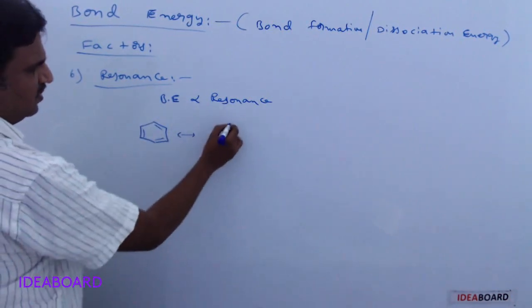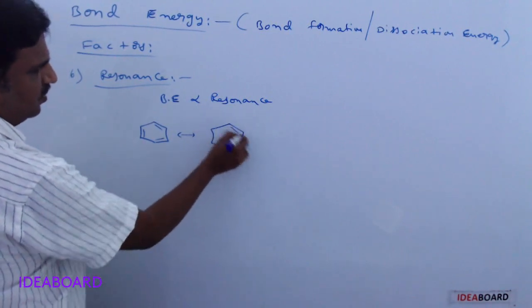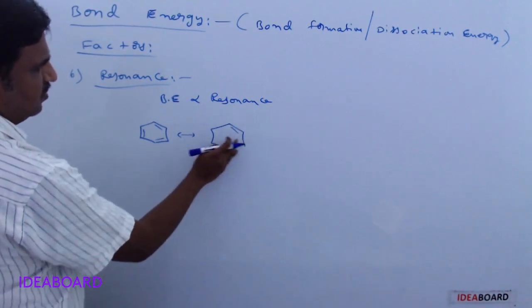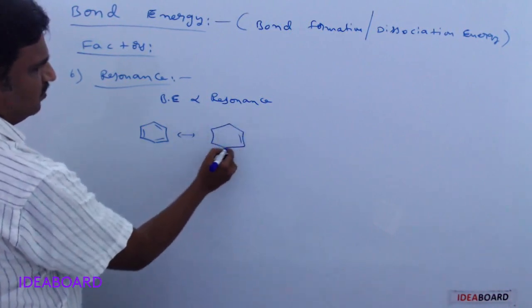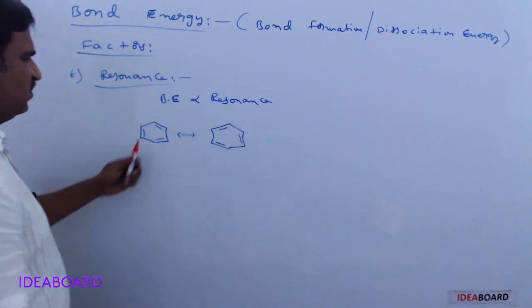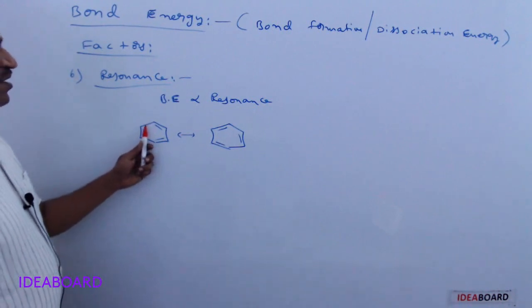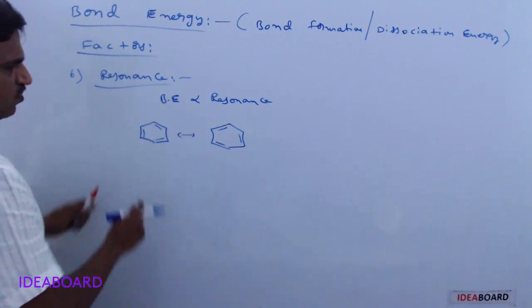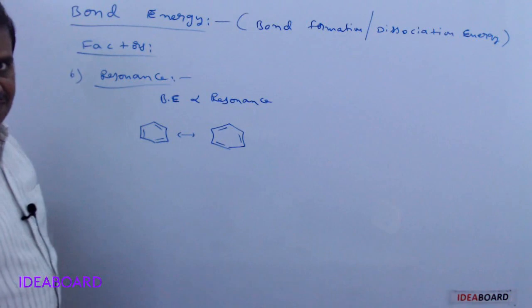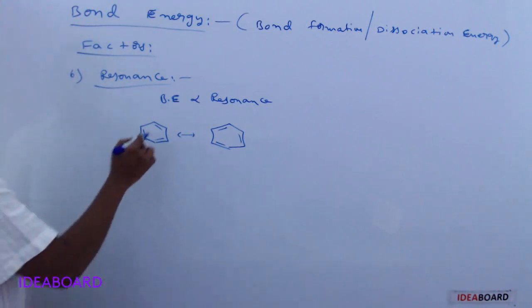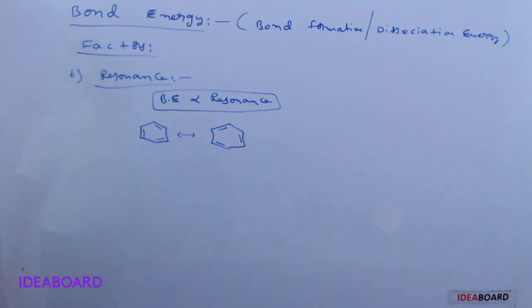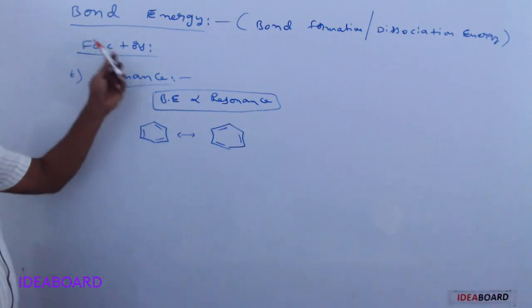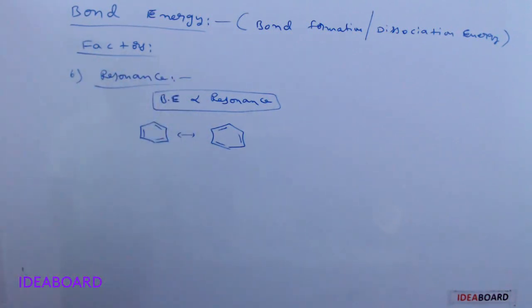But if it is in resonance, the bonds are relocating, continuously changing between the two atoms. This gives a partial double bond character, and because of this nature, bond dissociation is not easy. So due to resonance, bond energy values always increase. These are the different factors which favor bond energies.